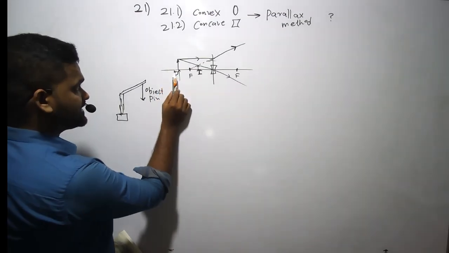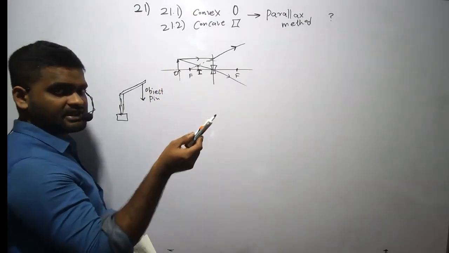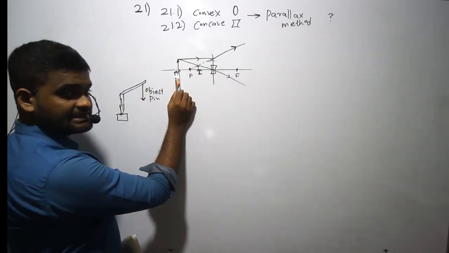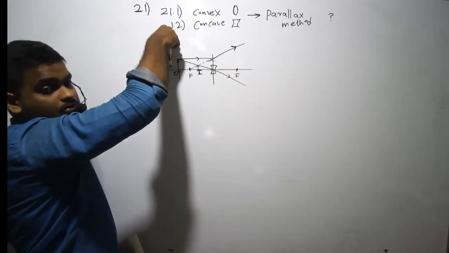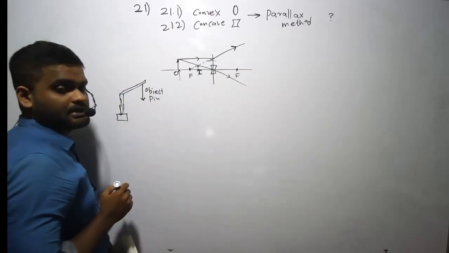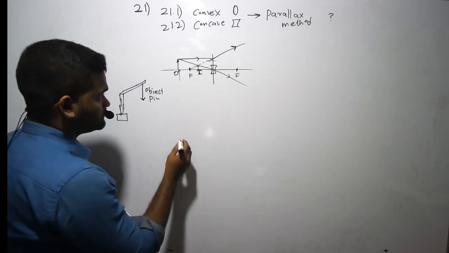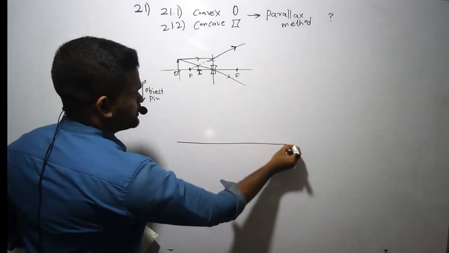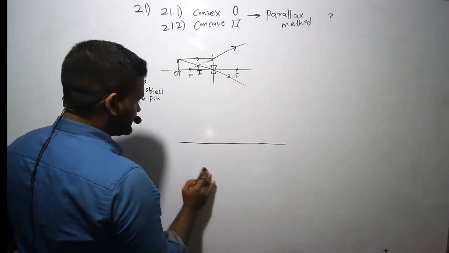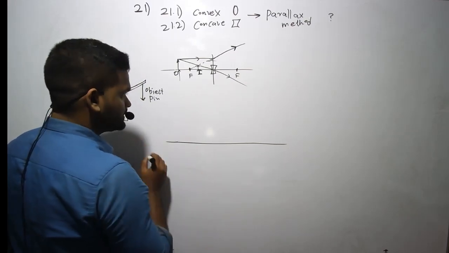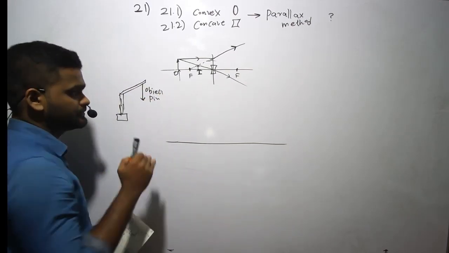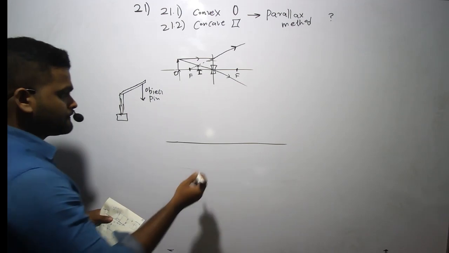You are not going to place it like this. You will understand why that is, right? You are going to place it upside down for the object pin. You will understand why that is once I draw the experimental setup, right?